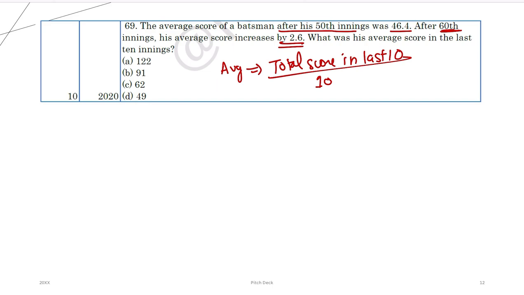If the average score of the batsman in the first 50 innings is 46.4, then the total in the first 50 innings is 46.4 multiplied by 50.